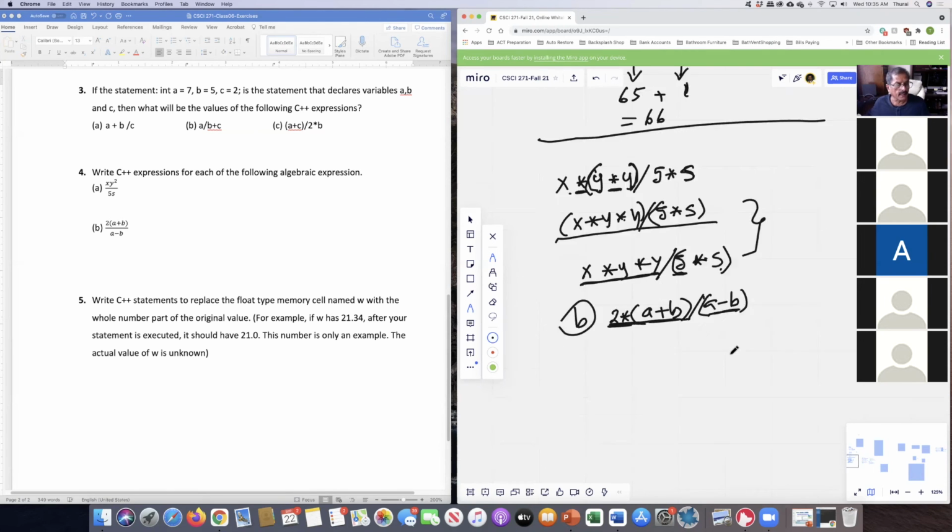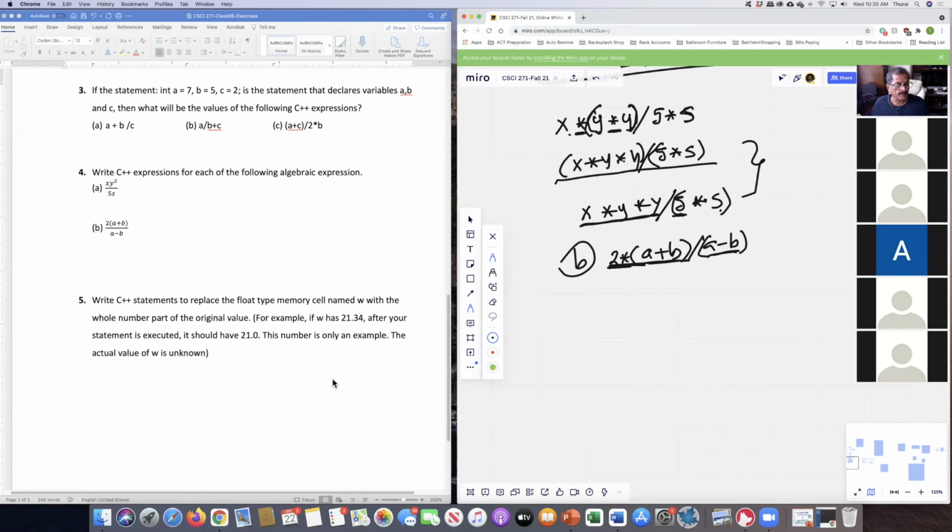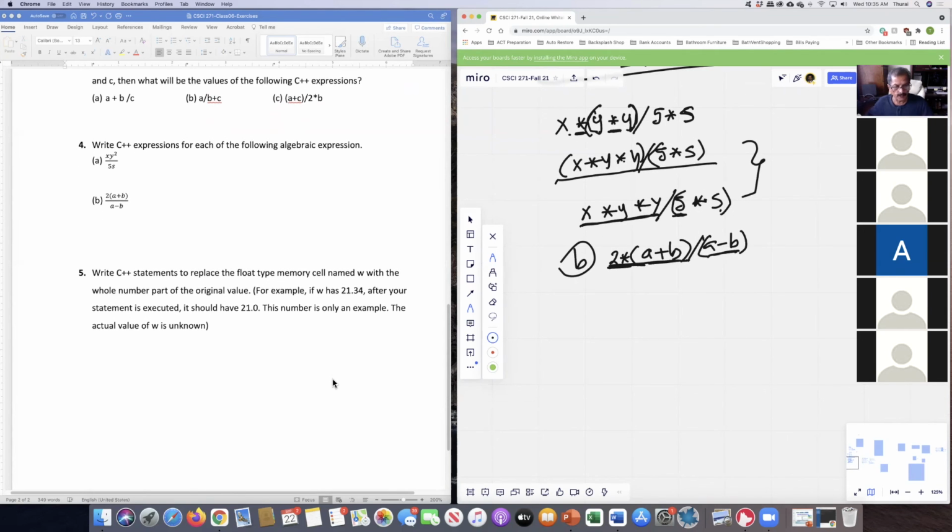It says write C++ statements to replace the float type memory cell W. When the question says something like that, that means W has already been declared as float and it has a value stored in it. According to the problem, there's a decimal number, a fractional number, and you need to write statements that replace the value with the whole number part.